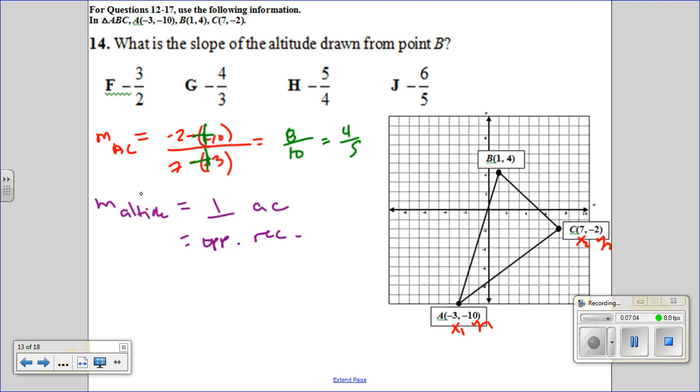In other words, you have to change the sign and flip. So the opposite reciprocal of 4 over 5 would be negative 5 over 4.